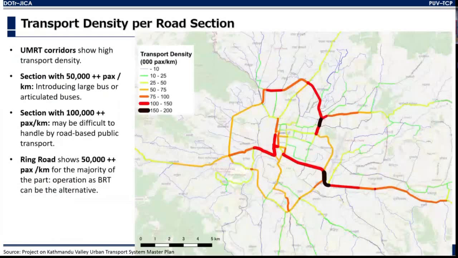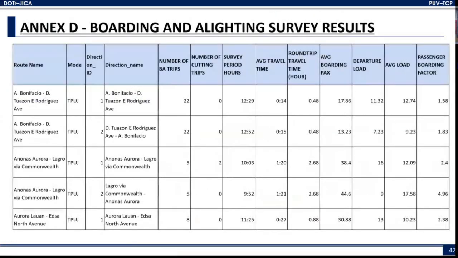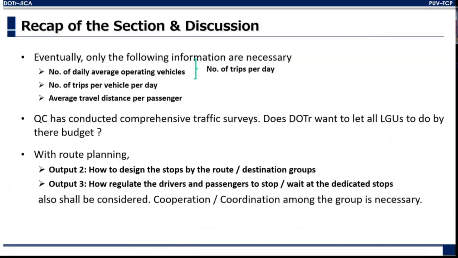I expected that the boarding and alighting survey is also implemented, and based on these results, the passenger transport densities can also be estimated. Through this information, I suppose more specific and practical route planning can be done.